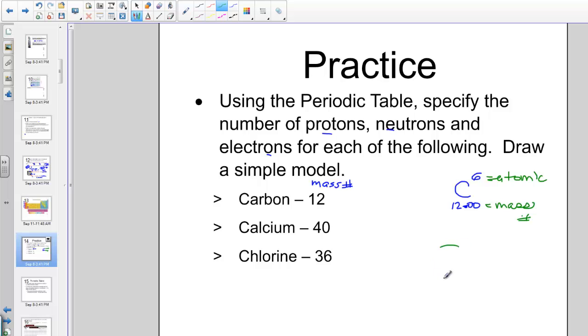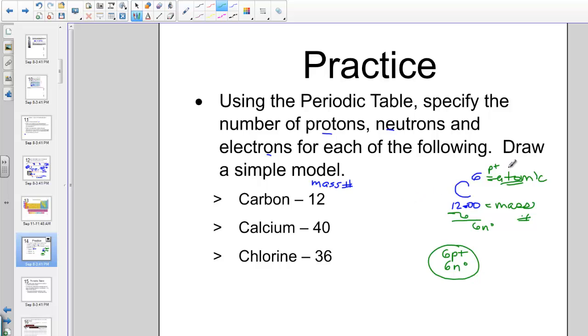A very simple model for carbon would place 6 positive protons. The atomic number tells me protons. 12 minus 6 leaves me 6 neutral neutrons. All the pieces added together in the nucleus add to 12. If 6 of those pieces are accounted for by the protons, the remainder is 6 more for neutrons.